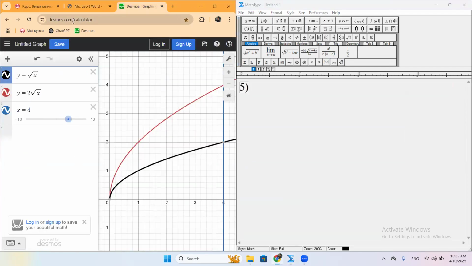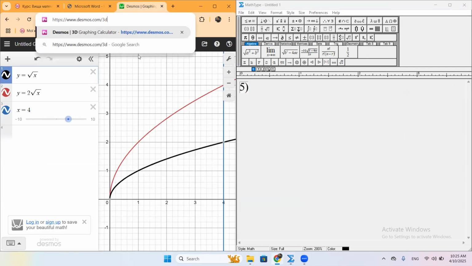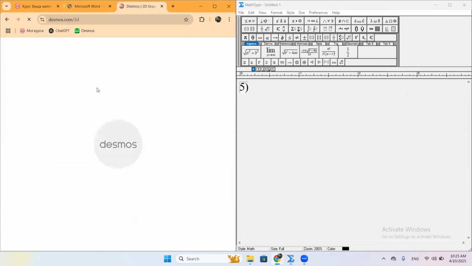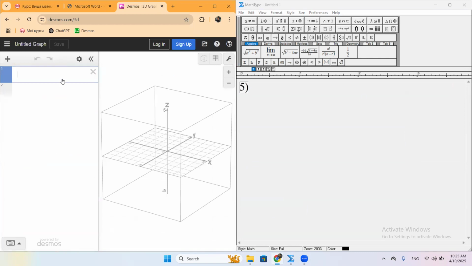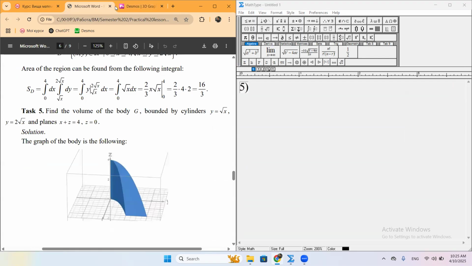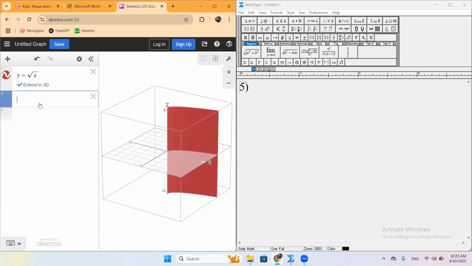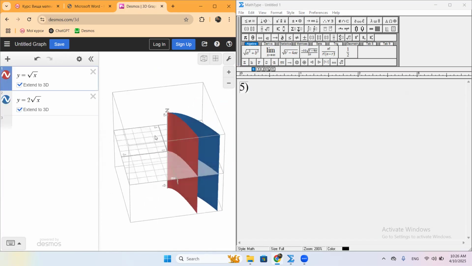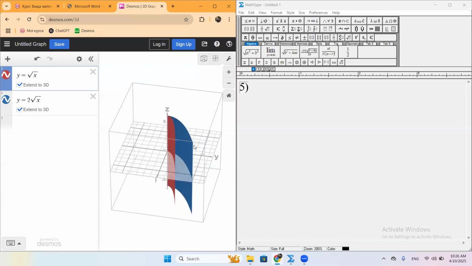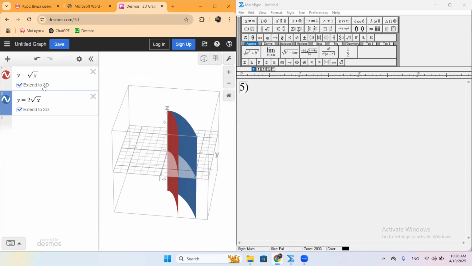So let's try to plot in 3D. y equals square root of x, and y equals 2 square roots of x. So plot these cylinders.